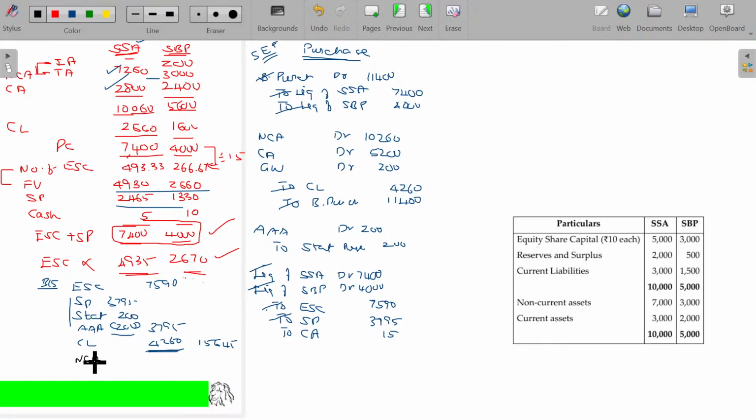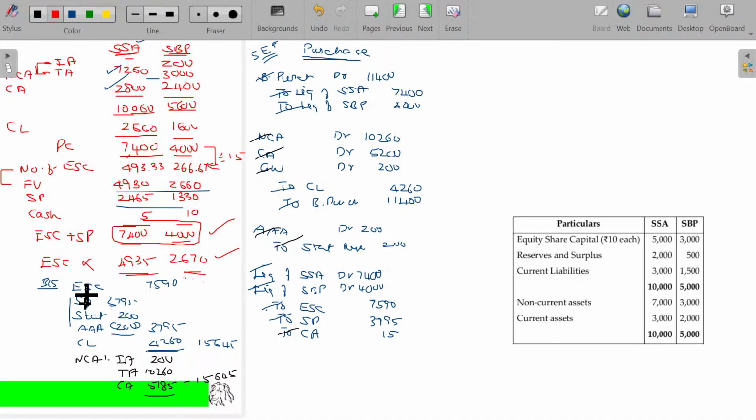Non-current assets, under that intangible assets being 200, tangible assets being 10,260, current assets being 5,200 minus 15, 5,185. Hope you will be getting the value total.